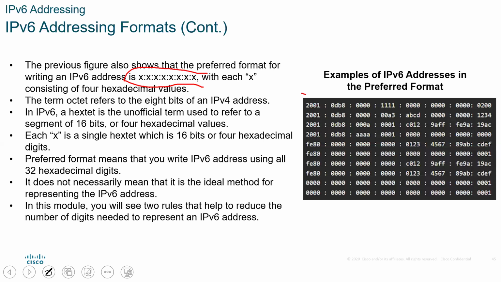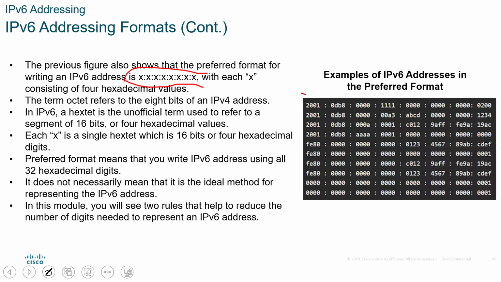In IP version 6, hextet is the unofficial term used to refer to a segment of 16 bits, or 4 hexadecimal values. Each X is a single hextet, which is 16 bits or 4 hexadecimal digits.